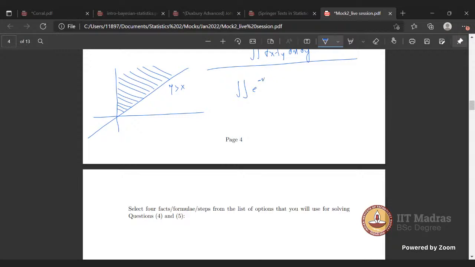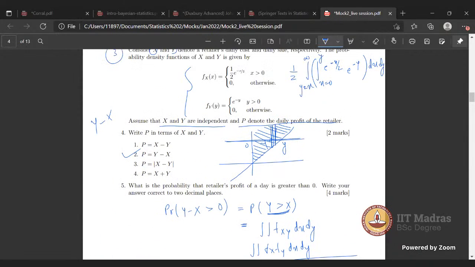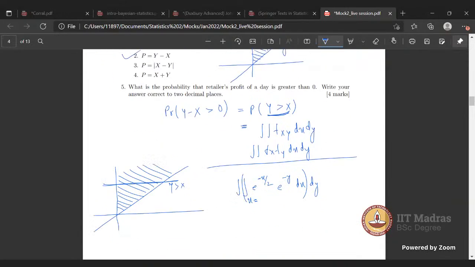The integrand is e to the power minus x by 2, e to the power minus y, dx dy. X is greater than 0, y is greater than 0.